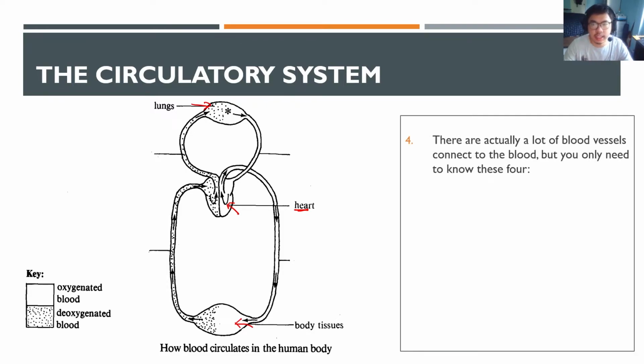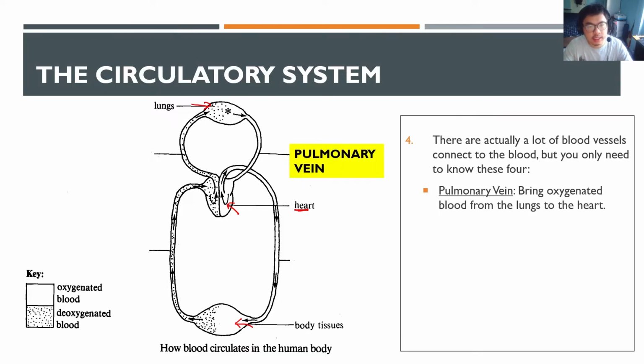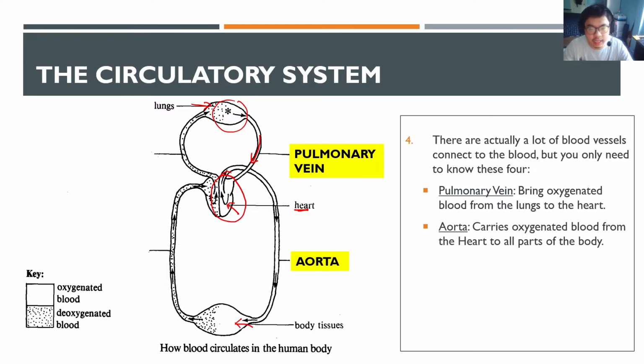There are actually a lot of blood vessels connected to the heart, but you only need to know these four. Number one is the pulmonary vein. The pulmonary vein brings oxygenated blood from the lungs to the heart. Then you have the aorta, which carries oxygenated blood from the heart to other parts of the body, otherwise known as the body tissues.